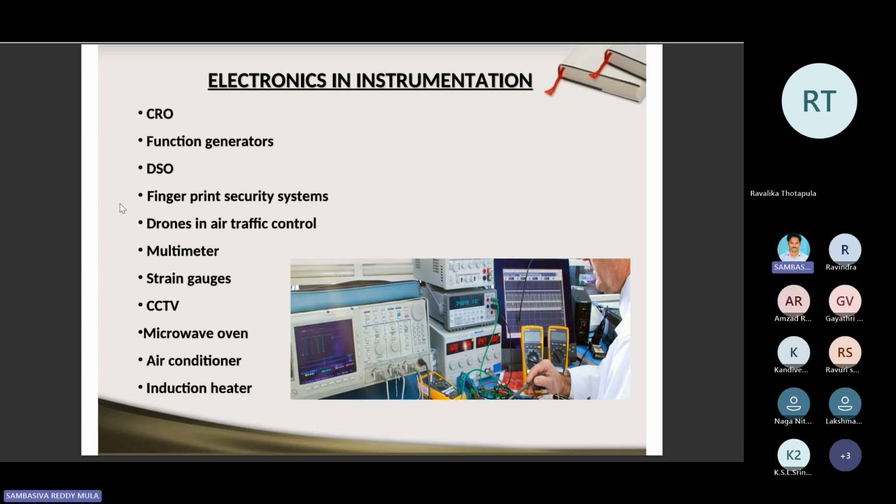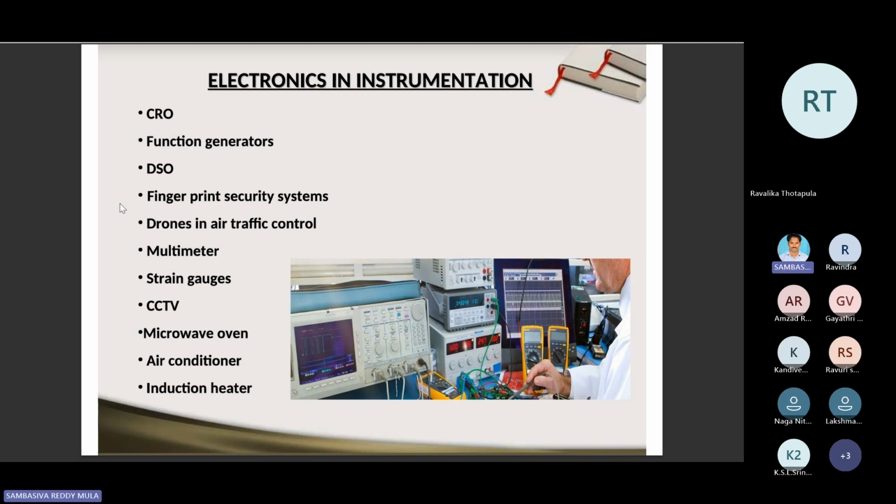Electronics in instrumentation. Most of our laboratory equipment are electronic devices. The CRO, cathode ray oscilloscope, is the display device on which we can observe waveforms. The function generator generates sinusoidal, triangular and square waves.